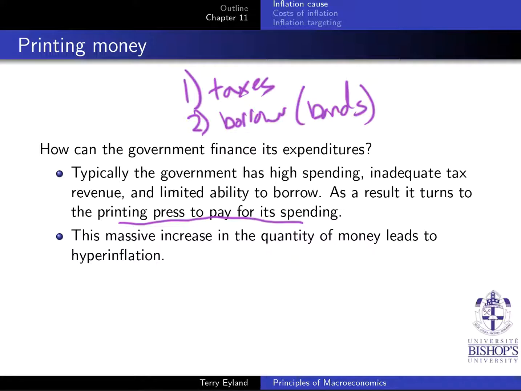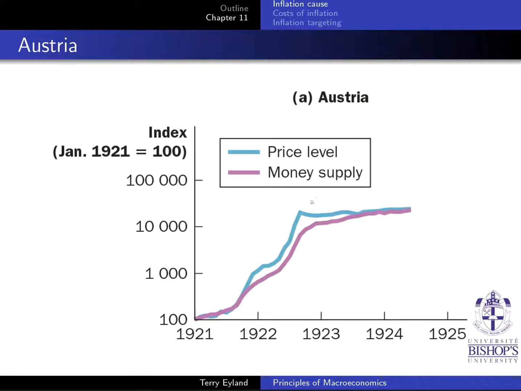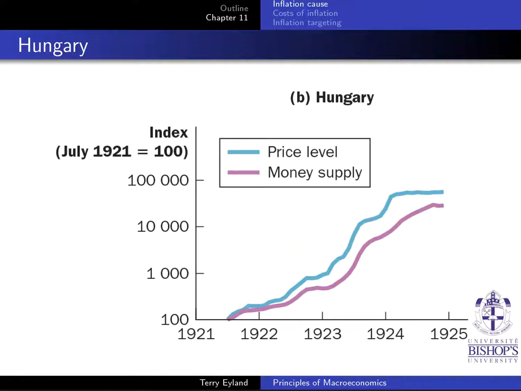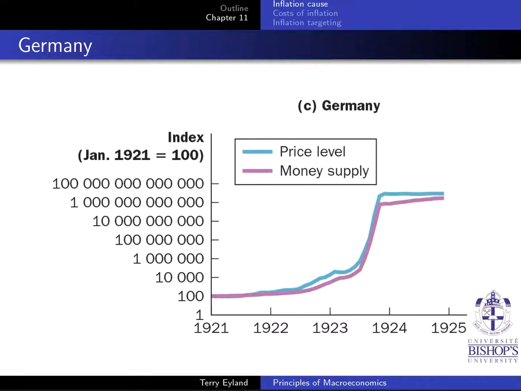But if we just look at a bunch of examples here, Austria in the 20s, massive growth in the money supply, massive growth in the price level. It follows suit pretty much. Hungary, same thing. Germany, massive. Something that would have cost $100 in 21 costs, three years later, a number that is really just too massive to think about.